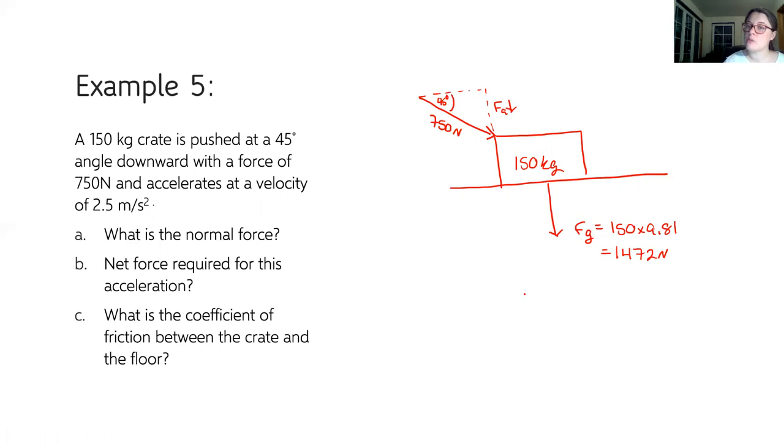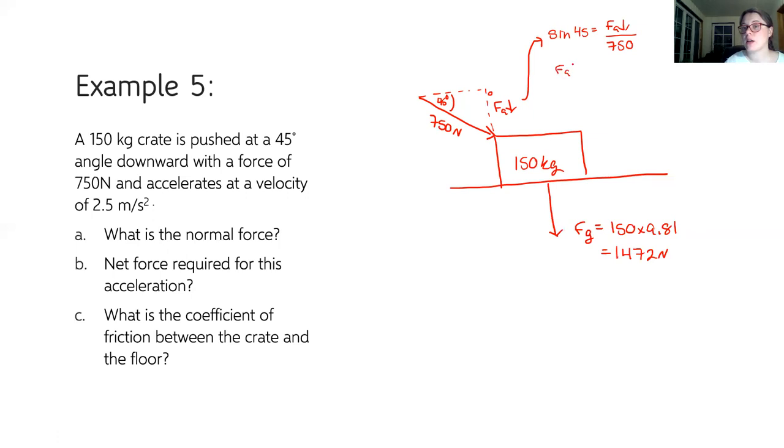But there is another force pushing down, and that's my force pushing down. How do I figure out my force pushing down? Well, this is the side opposite the angle. So again, we're going to use trig. So we know that this is the opposite side, so it uses sine. The sine of 45 is equal to the force applied downwards divided by 750, which is my hypotenuse.